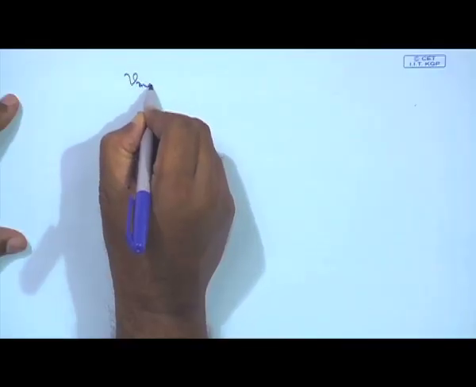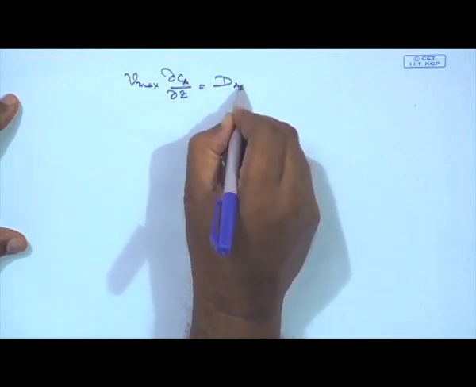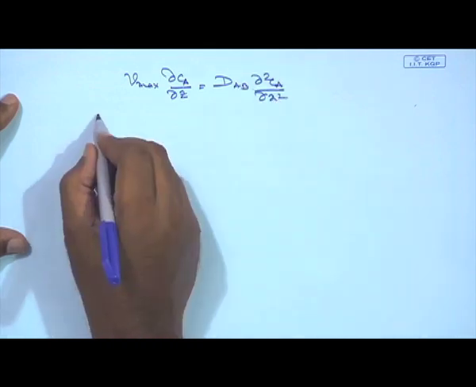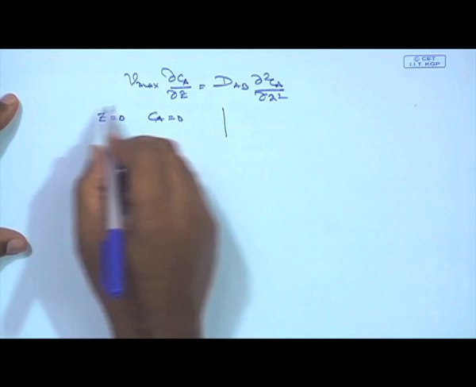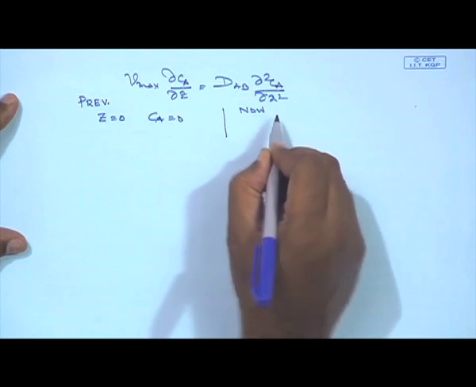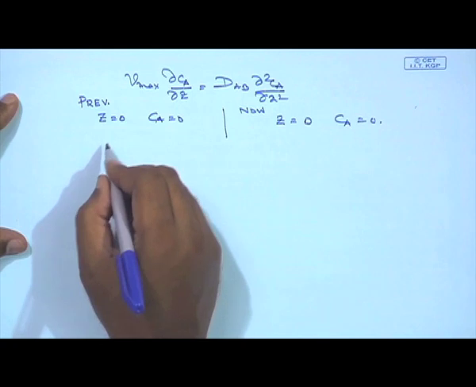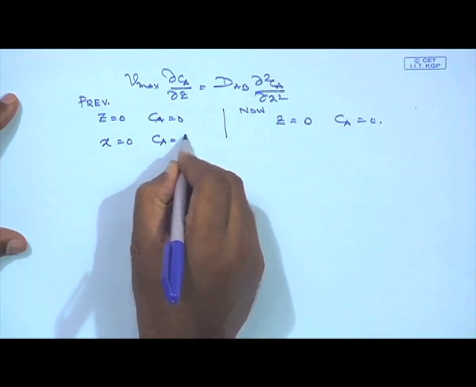I would start with my modified equation again. This modified equation now is Vmax del Ca by del z is equal to dAB del square Ca by del x square. At z equals 0, Ca is 0. This was what we used in the previous case, and now I can use the same: at z equals 0, Ca is 0, and at x equals 0, Ca is Ca0.